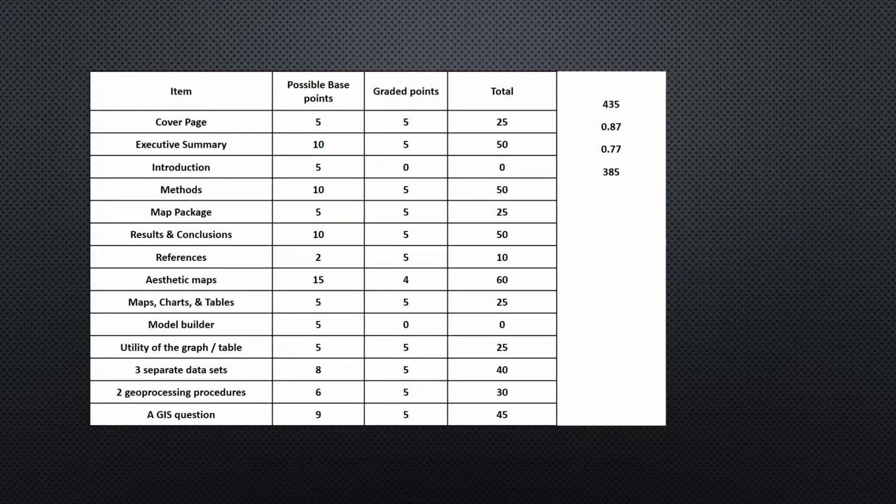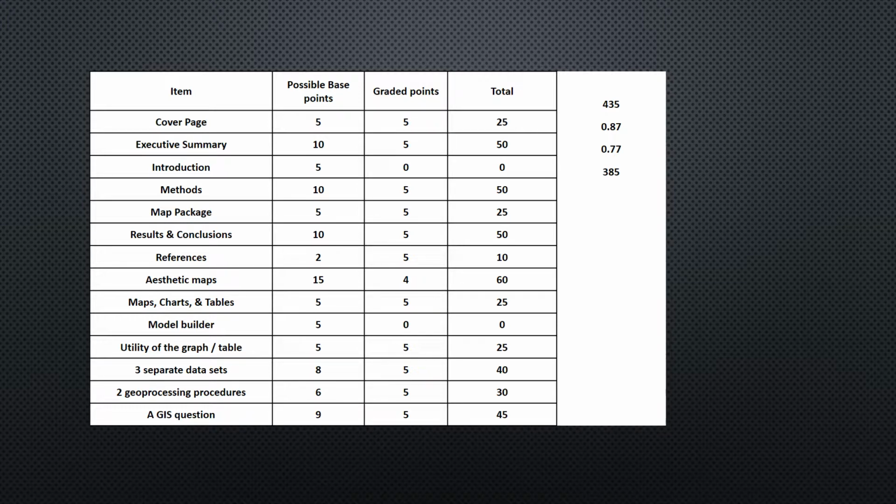Had no evidence of model builder anywhere in this, so that got a 0. The graphs and stuff made sense, helped explain the text, so they got all the points for that. There was the zoning data, there was the road data, and there was obviously the county data itself.